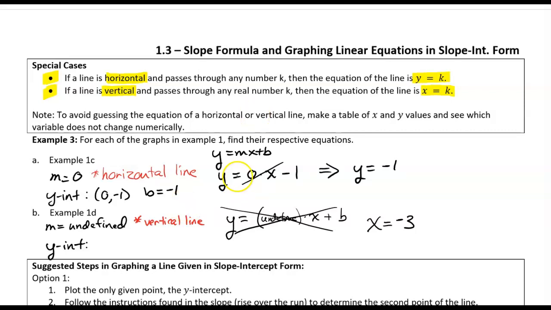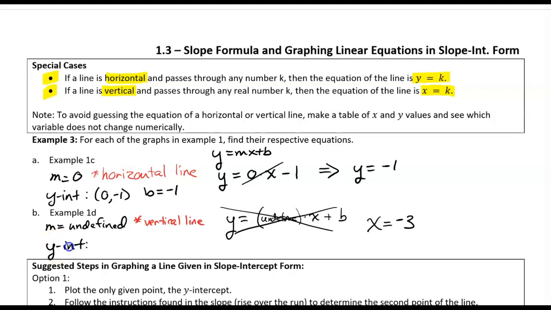Going with our form, y equals mx plus b, plug in the m, plug in the b, and we have y equals 3/2 x minus 2, or you can say plus -2 if you like that version better. But that's our equation. Let's try 1b.